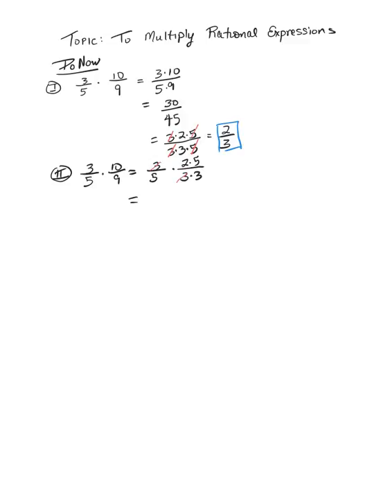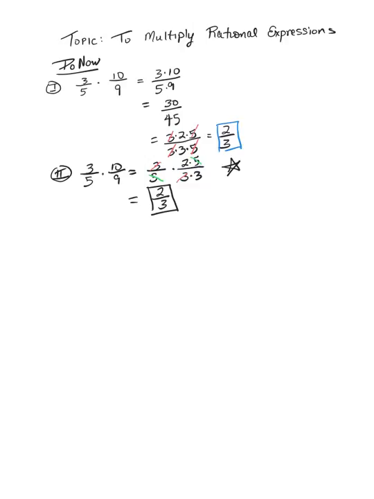So we could divide through a 3 here, we could divide through a 5 here, and we see that our answer is 2 over 3. So in the second method, by factoring, we divide through the common prime factors that appear in the numerator and denominator.